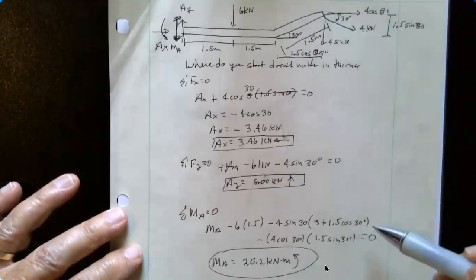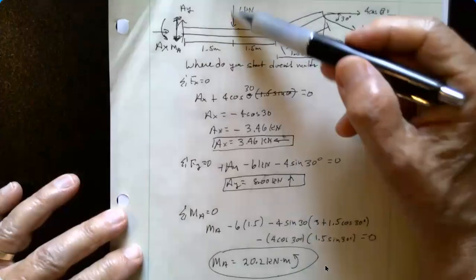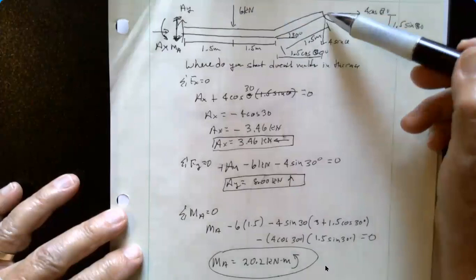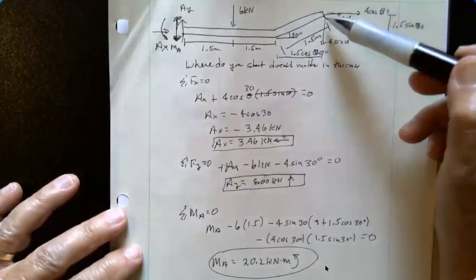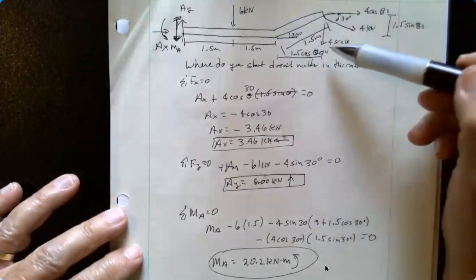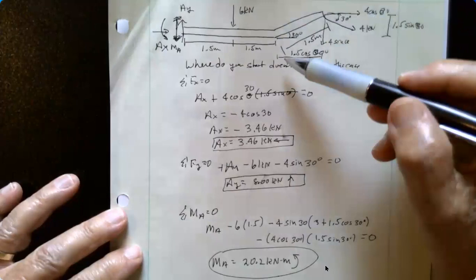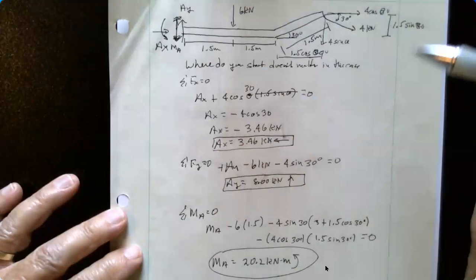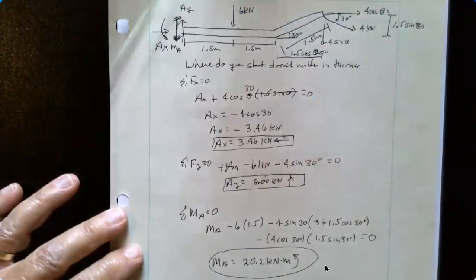Okay, so what I have is this force creating a moment, and this force creating a moment also. This moment arm for this force, this moment arm for this Y force here. So I got 3 components, and then M sub A comes out positive 20.2 kilonewton meters. Okay, and then counterclockwise direction.